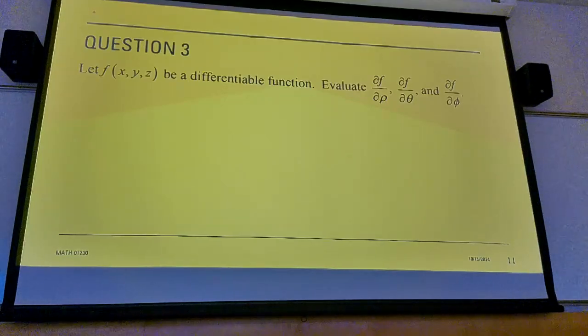How are we going to do this? First, what is x?